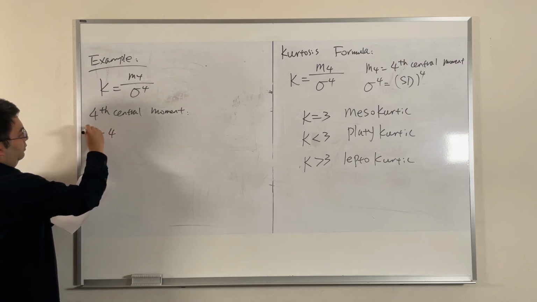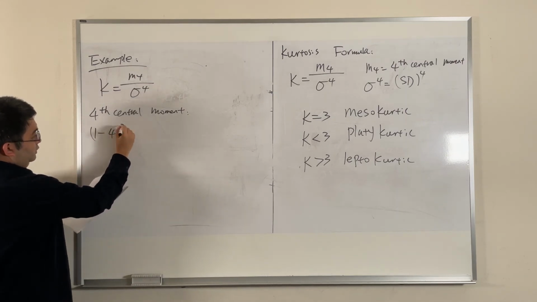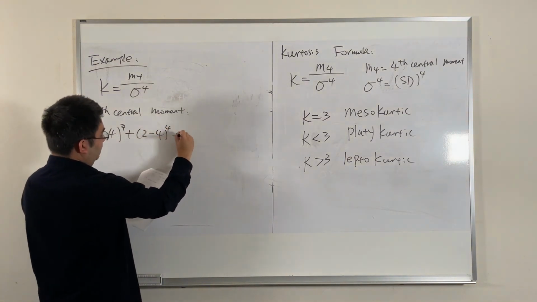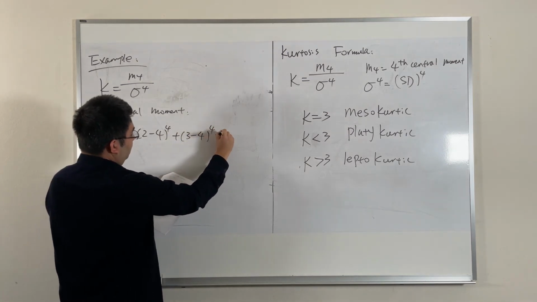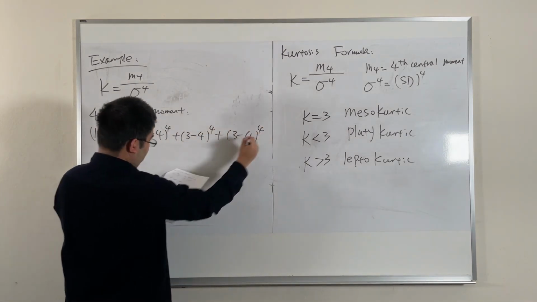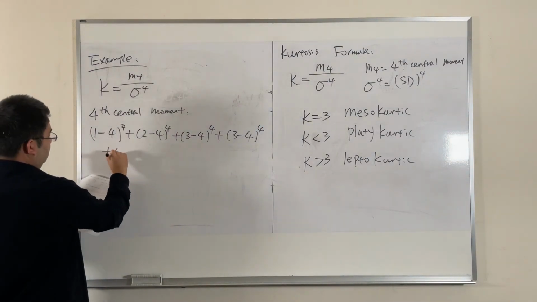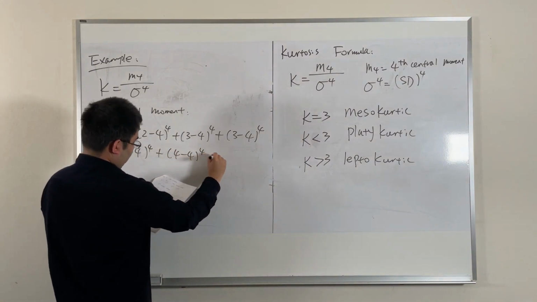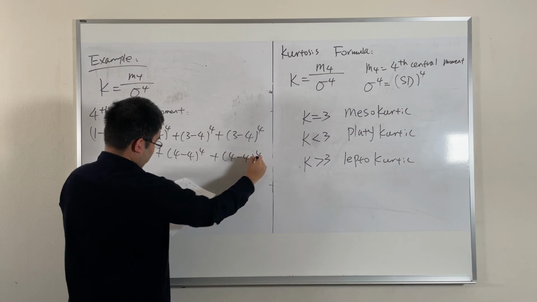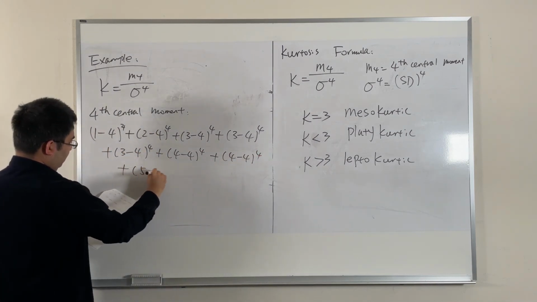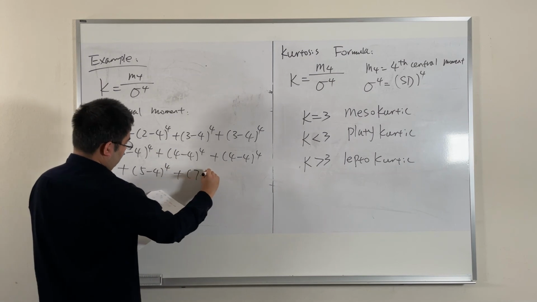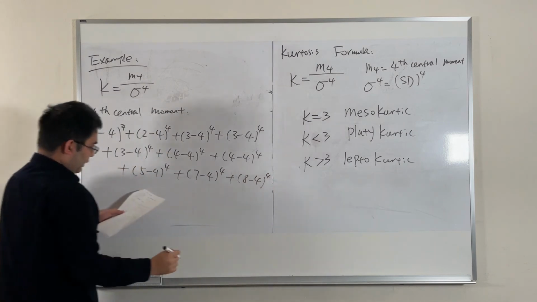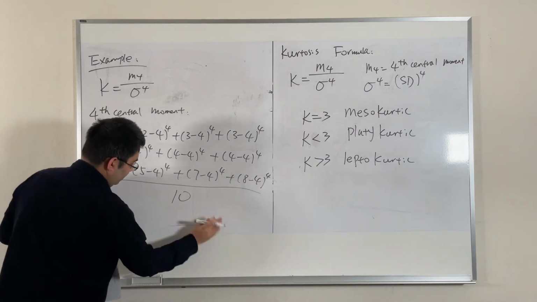It's (1 minus 4) to the fourth power, where 4 was the mean, plus (2 minus 4) to the fourth power, plus (3 minus 4) to the fourth, and I'll continue to write them out, plus (3 minus 4)^4, plus (4 minus 4)^4, plus (5 minus 4)^4, plus (7 minus 4)^4, plus (8 minus 4)^4, and so on. Then you divide everything by n, which is 10 again.